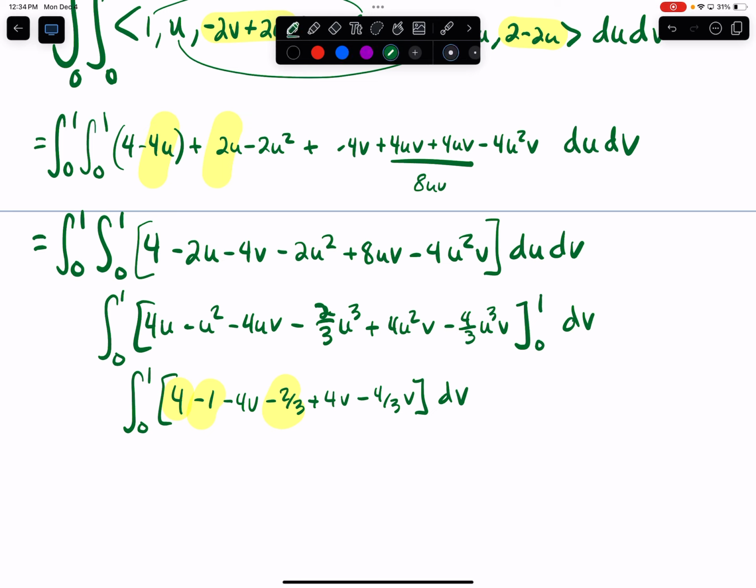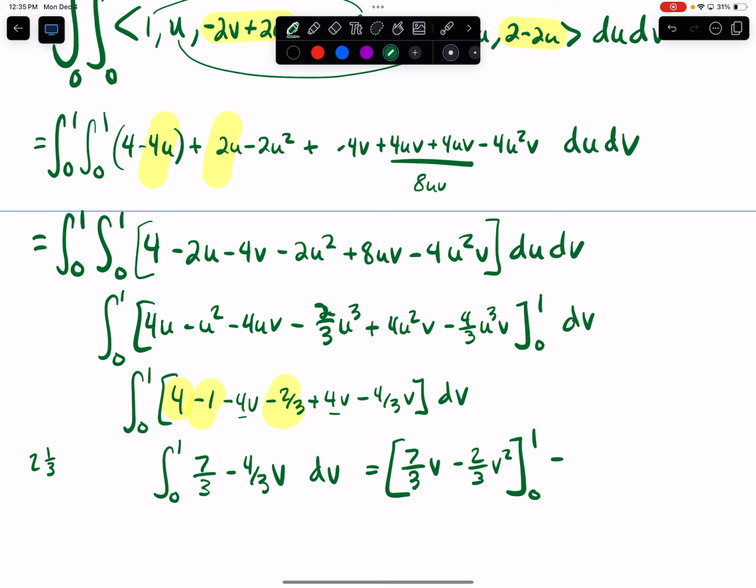So 3 minus 2/3 is 2 and 1/3, that's 7/3. And then how many v's? Those v's cancel, so you're left with minus 4/3 v dv. So 7/3 v minus 2/3 v squared, 0 to 1. So that's 7/3 minus 2/3. It's 5/3. How about that?